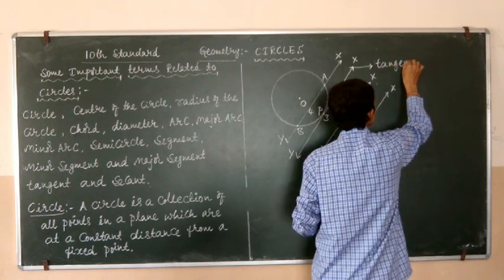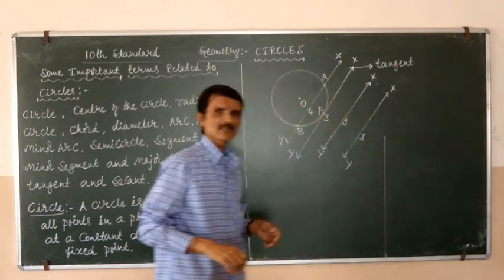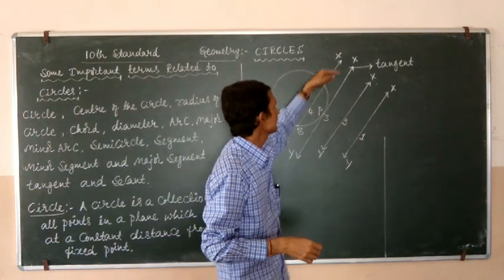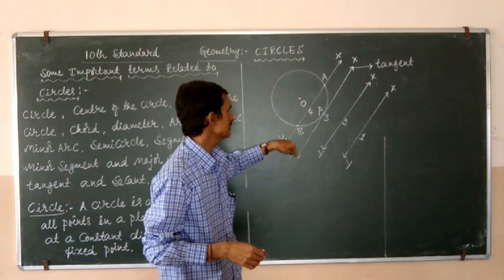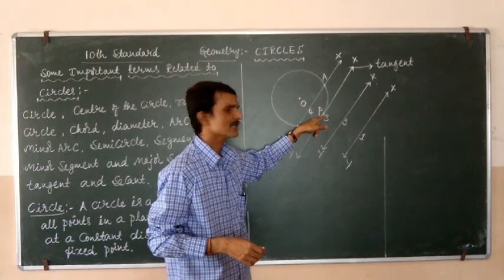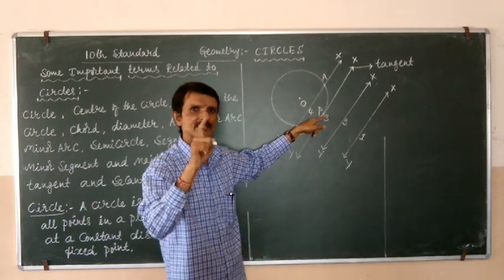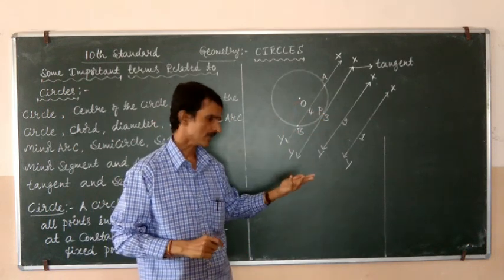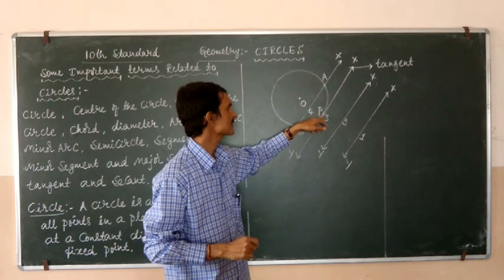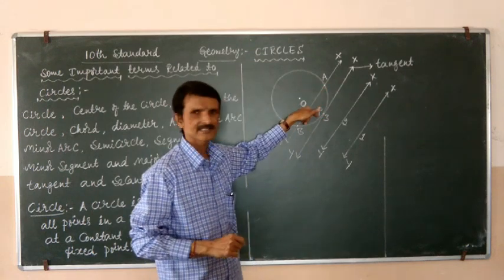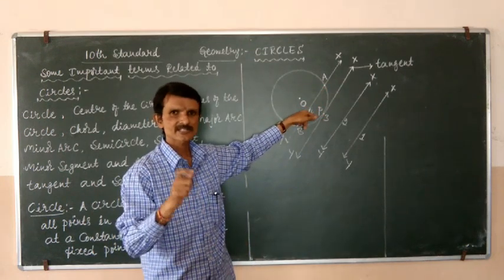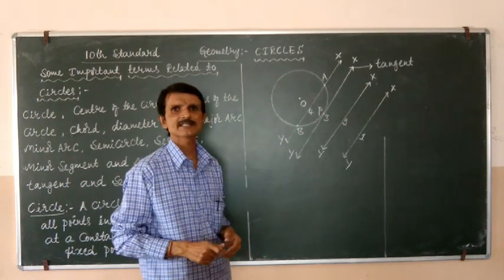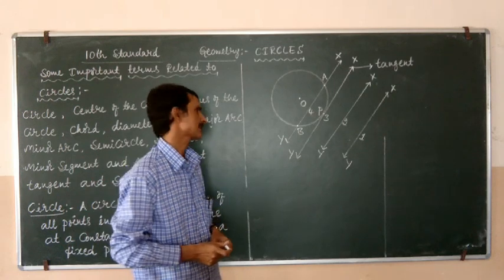It is called as tangent because tangent means it is a line segment which passes through a point on the circumference of a circle, or in other words, tangent is a line segment which touches the circle at a point on the circumference of the circle.